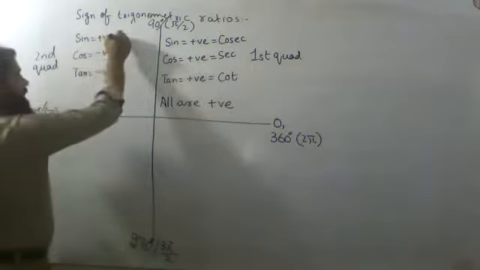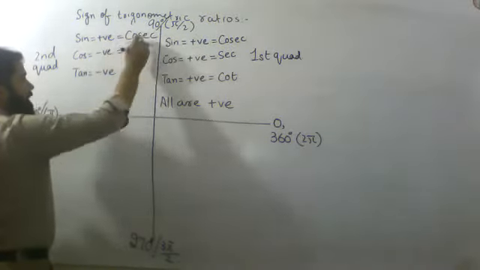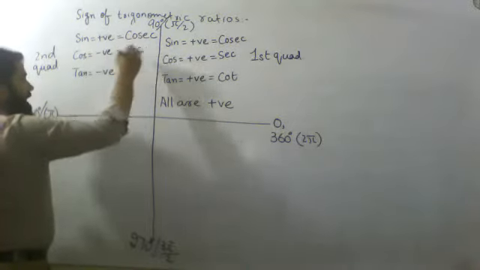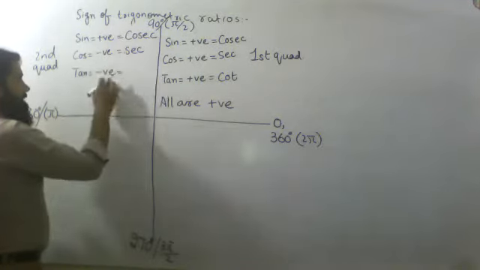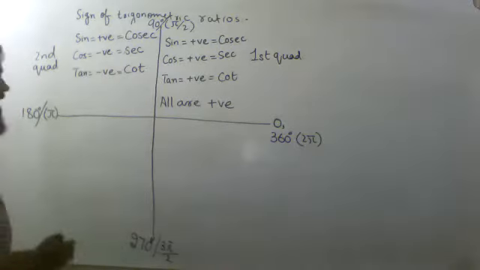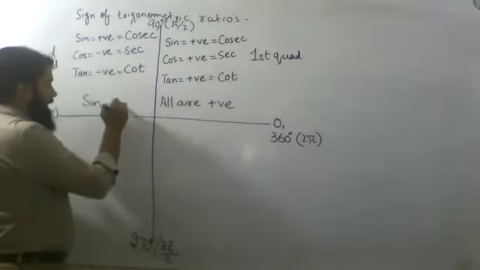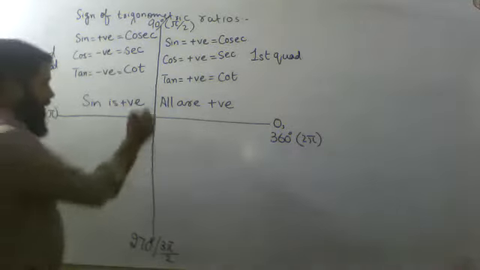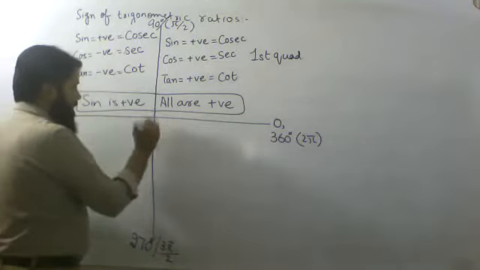Now, when sine is positive, the reciprocal will also be positive. If cos is negative, the reciprocal will also be negative. And when tan is negative, the reciprocal will also be negative. It means in the second quadrant, sine is positive along with its reciprocal. Okay, this is for the first quadrant, this is for the second quadrant.